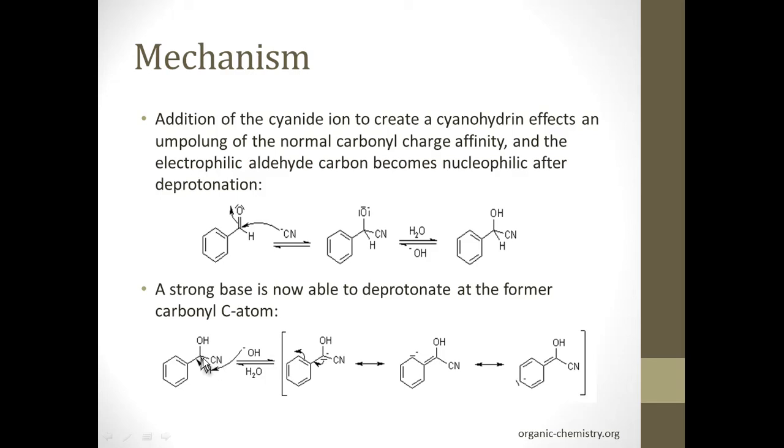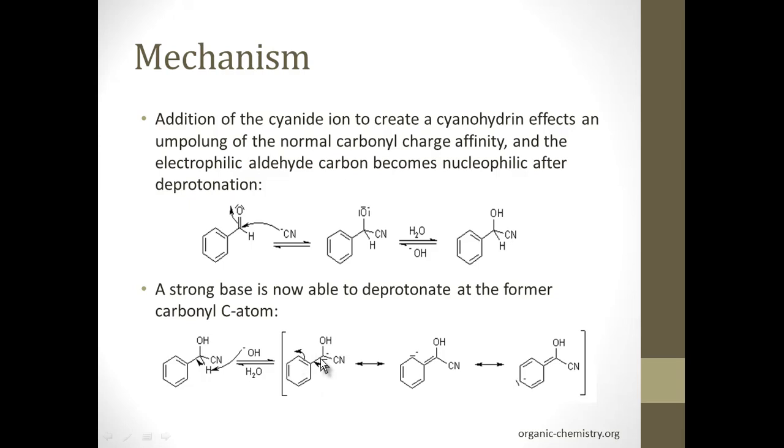So this is called the umpolung effect. Ultimately this is the electron sharing with the aromatic group of the aromatic aldehyde. So ultimately this molecule will be used in the next step.